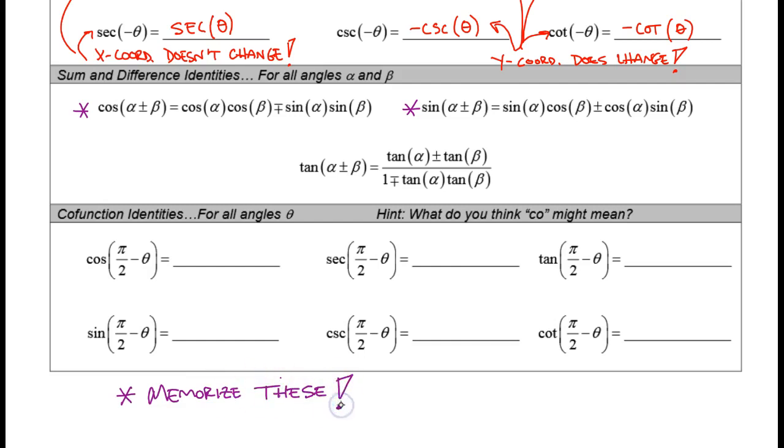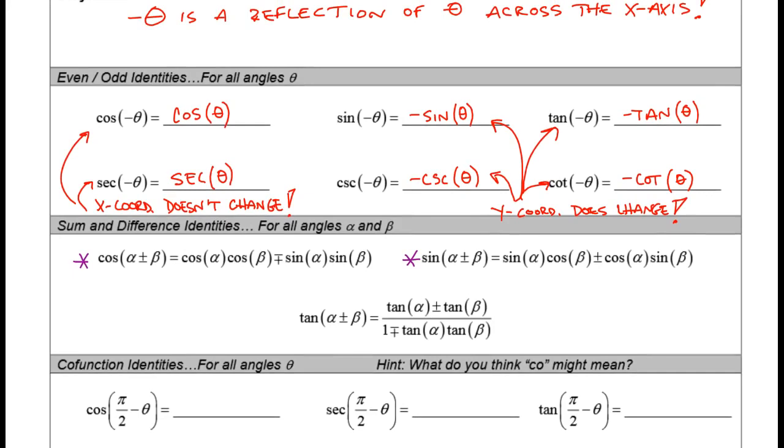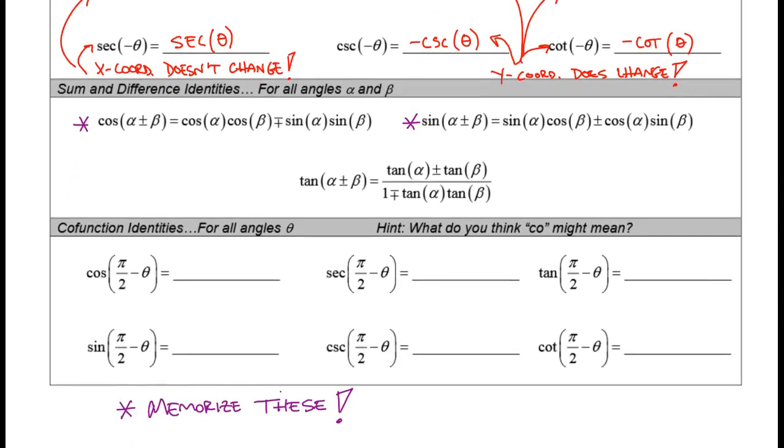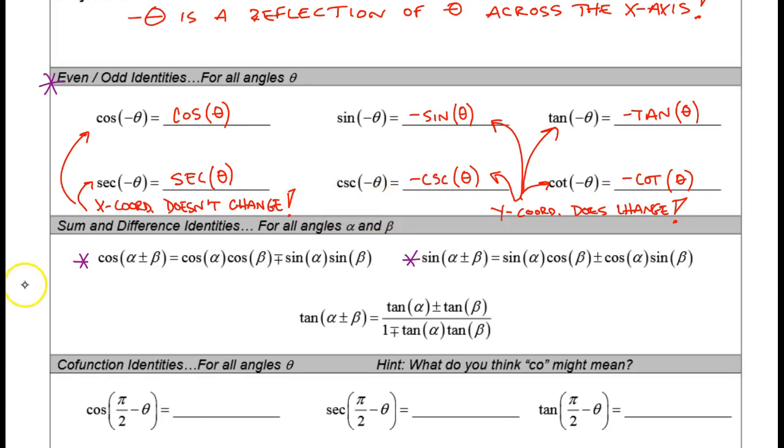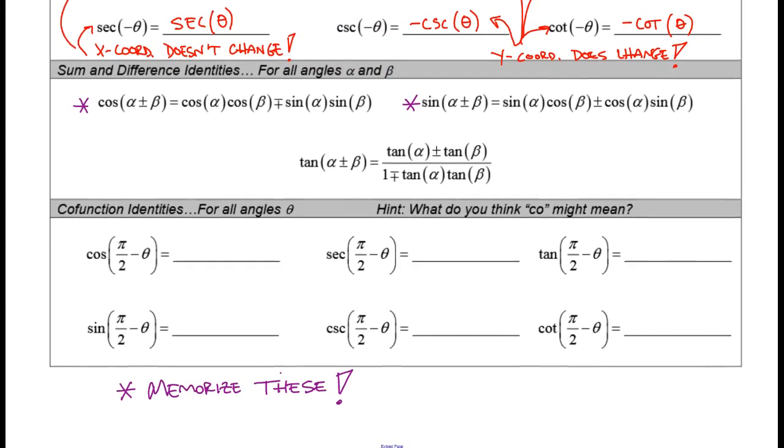So you'll notice that I've put a purple asterisk next to cosine of alpha plus or minus beta and sine of alpha plus or minus beta. I guess what I should go back up and do here is these even odd identities. You have to memorize those as well. I did not put a purple asterisk next to tangent because that's one I'll provide for you on any test we take.